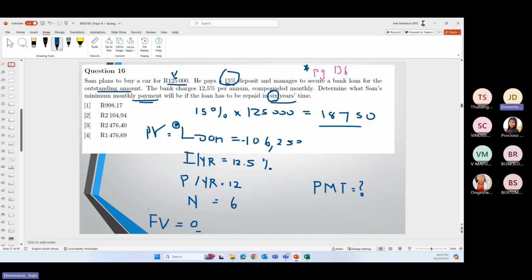But I just normally do that as a default. 12.5% interest, then 12 times per year for 6 years, so that is 72 payments. And then we can ask the calculator what is our PMT.